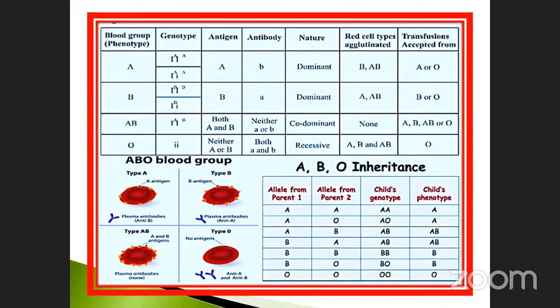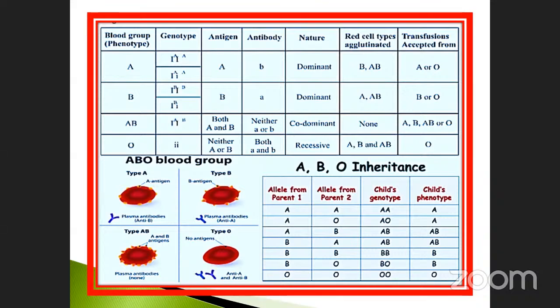This is called codominant. Agglutination is not possible, so they can receive any type of blood: A, B, AB or O. That's why the AB group is denoted as the universal acceptor. The universal donor is O negative.